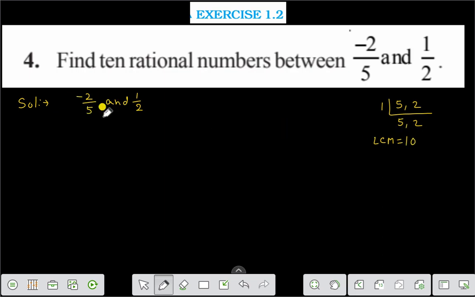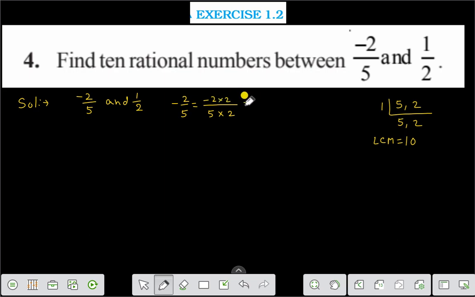First, make the denominators the same. Minus 2 by 5 can be written by multiplying 5 with 2 and also minus 2 into 2.